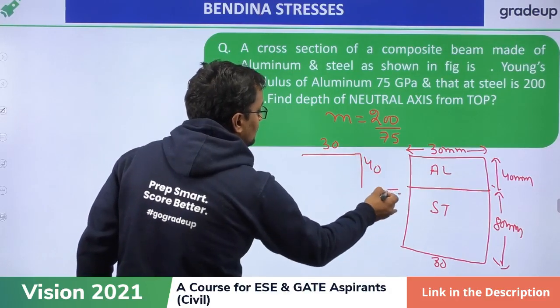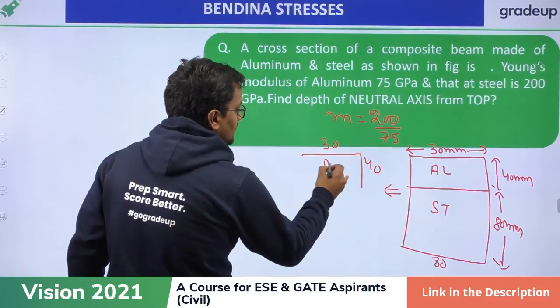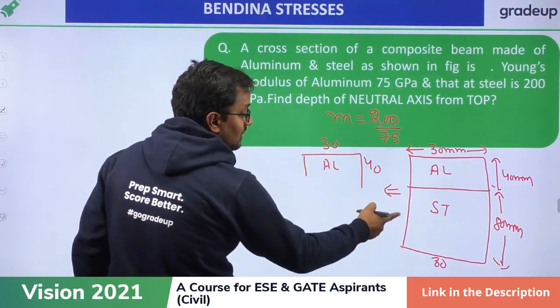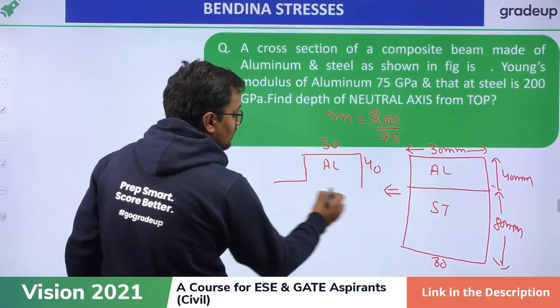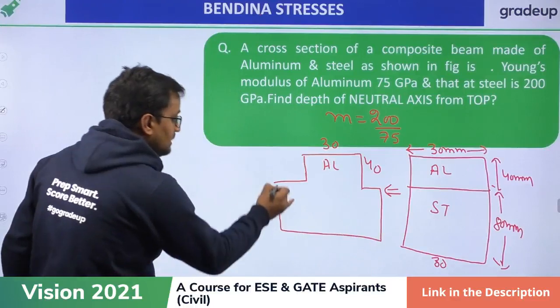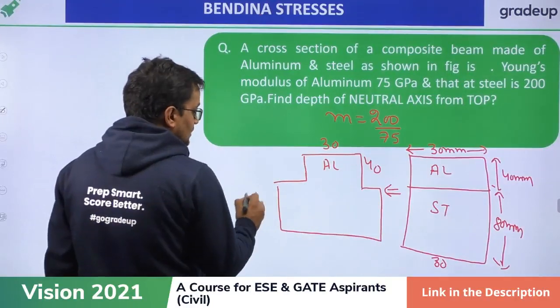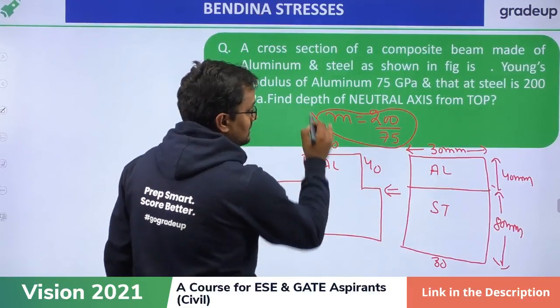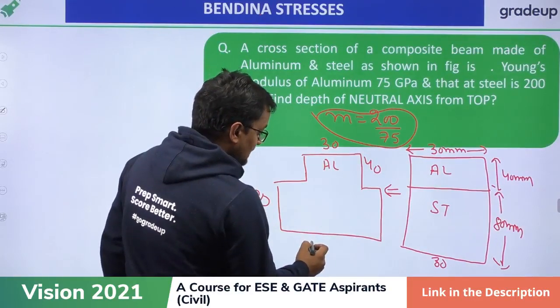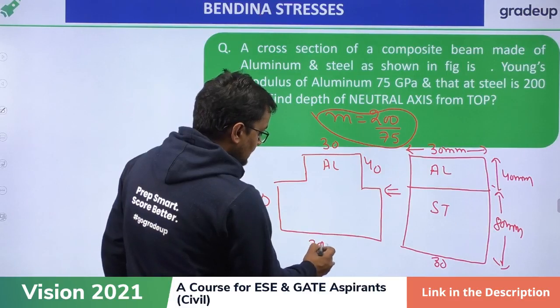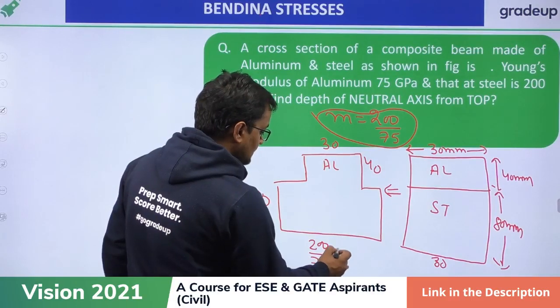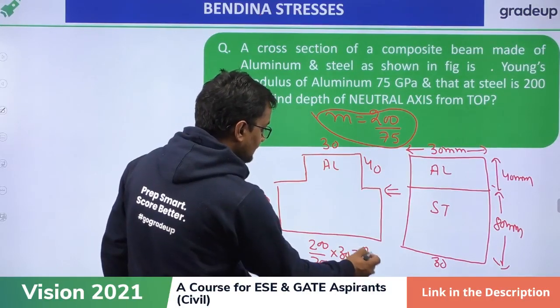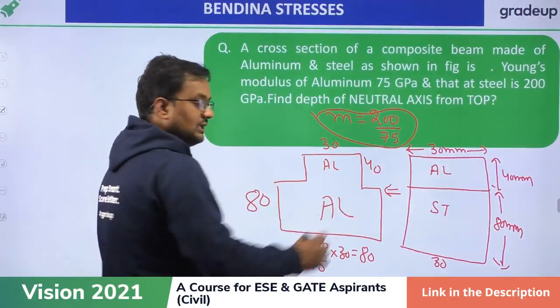I am converting into aluminium. Okay. So this is aluminium. Now I have to convert steel into aluminium. For converting, depth is same. First point, remember, depth is same. It is 80 also, it is 80. Width is multiplied by m times. M is the ratio of Young's modulus. So 200 by 75 into 30. 200 by 75, m times, into 30. It is coming how much? 80. Now this is of aluminium.